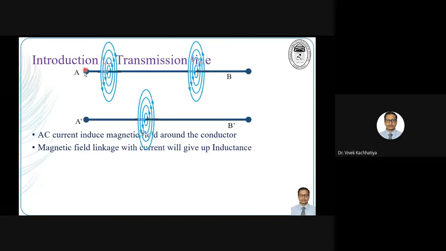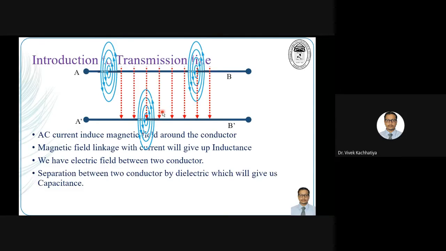Now we also know that we have applied some signal across AB and A dash B dash, or across A and A dash. So there will be some voltage difference, or some field present. We will have an electric field between these two conductors, AB and A dash B dash. This separation between the two conductors by a dielectric will give us a capacitance.